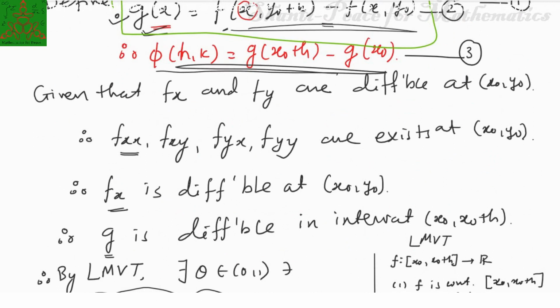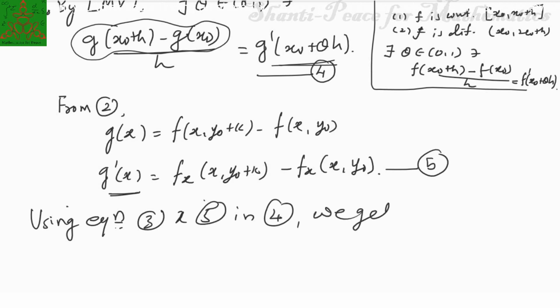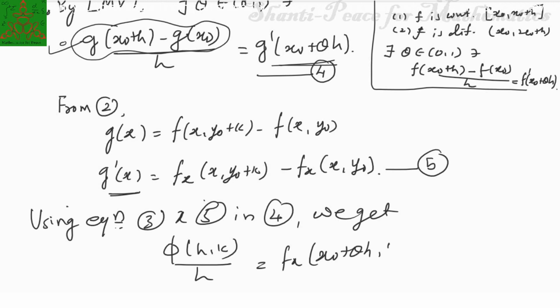So if I use equations 3 and 5 in 4, we get phi of hk upon h on this side, and we'll have f_x at (x0 plus theta h, y0 plus k) minus f_x at (x0 plus theta h, y0).